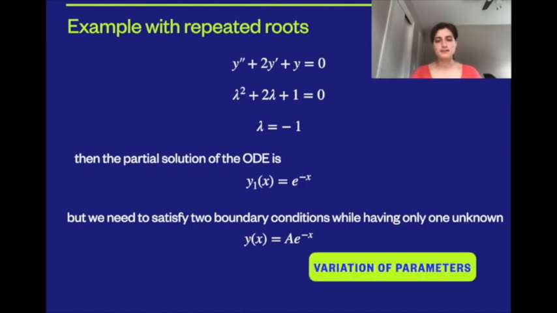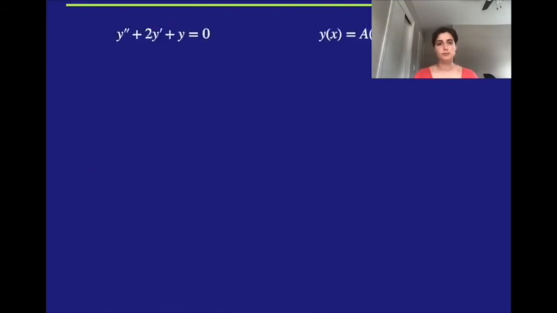But we have already seen the idea of variation of parameters. So instead of looking at a being just a constant, we're now introducing a being a function of x itself. And we try to match our new unknown, a(x) e to the minus x, into the ODE that we have been looking at.